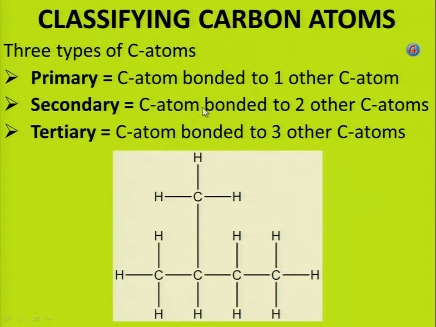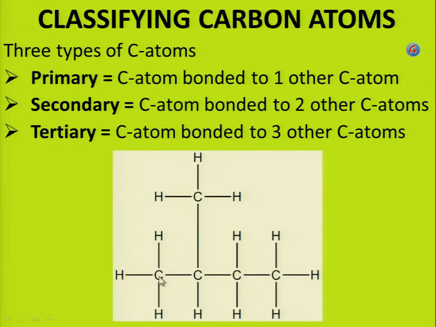Therefore, it is primary. The next type of carbon atom is secondary. That's a carbon atom which is bonded to 2 other carbon atoms. So if we look at this carbon here, you can see that it is bonded to 2 other carbon atoms. Then the third type of carbon atom is tertiary. A tertiary carbon atom is bonded to 3 other carbon atoms. So let's look at this carbon.